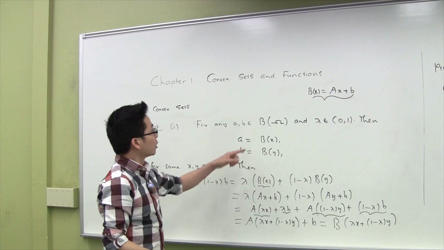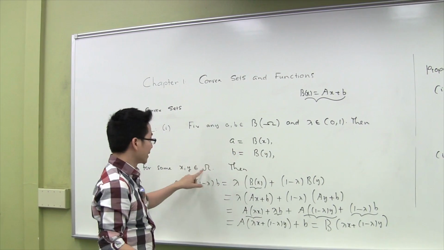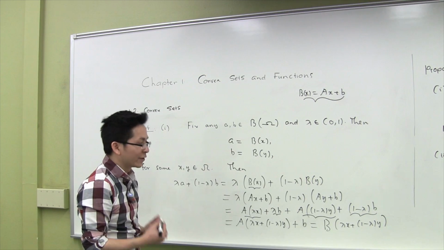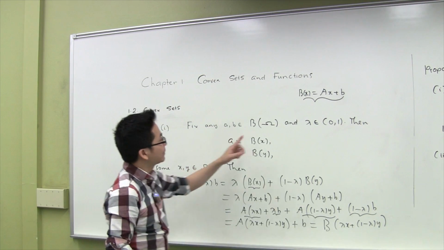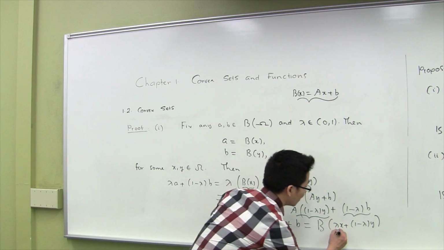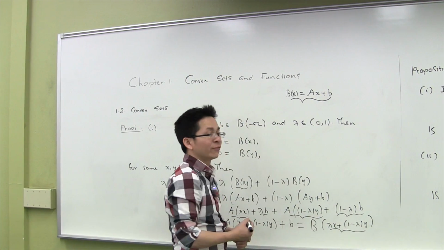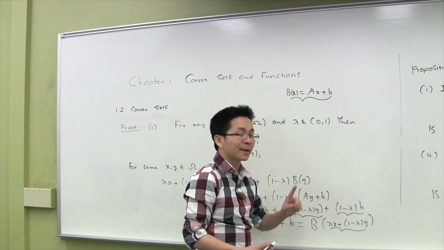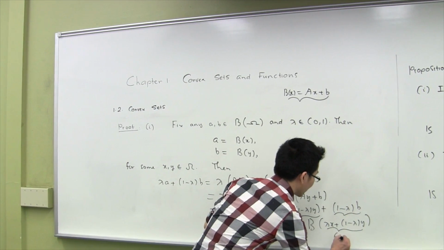Note that both x and y are in omega, and omega is a convex set. Over here, lambda is a real number in the interval [0, 1]. So by the definition of convexity of the set omega, lambda x plus 1 minus lambda y belongs to omega.